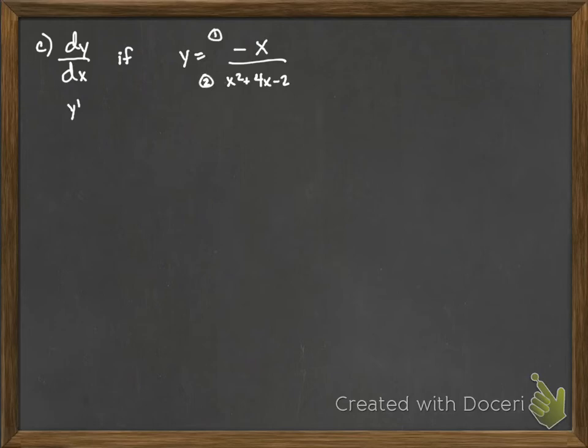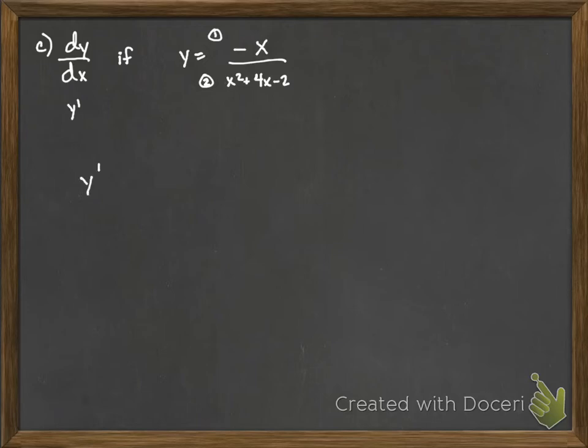Okay, so part C. I want to find dy dx, which is the same thing as saying y prime, if y is equal to negative x over x squared plus 4x minus 2. So treating that as my 1, that is my 2.